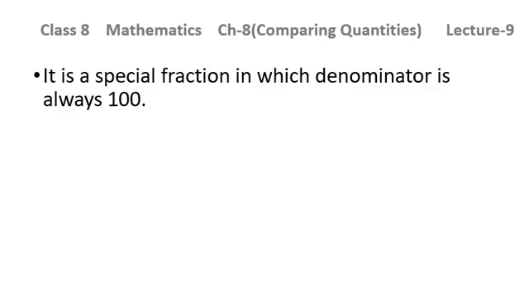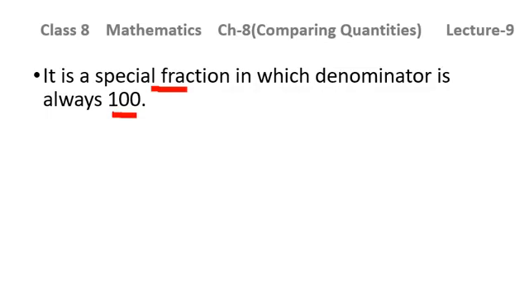Percentage. The word percent means per hundred or out of hundred. It is a special fraction in which the denominator is always 100. Whenever you see a percentage sign, you need to write the denominator as 100.